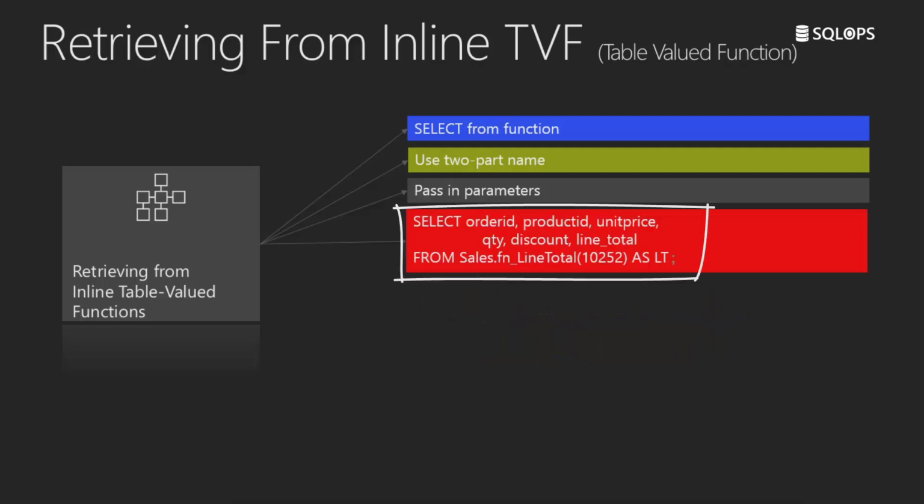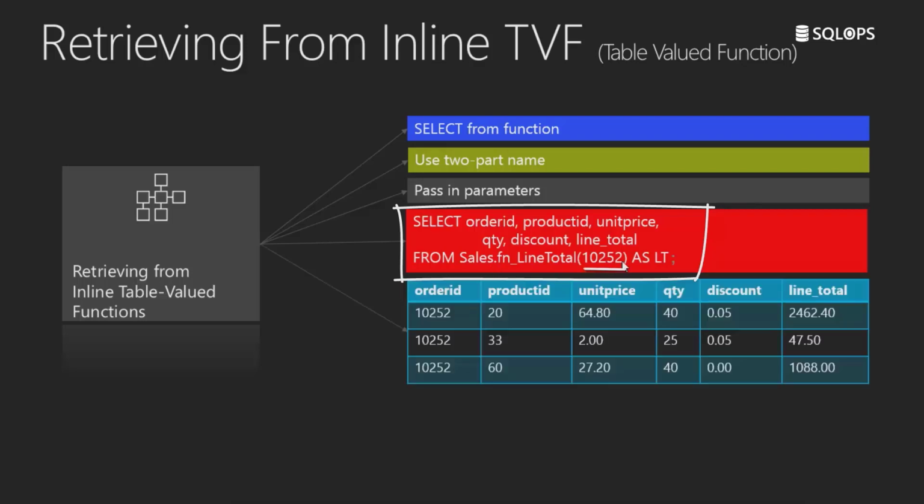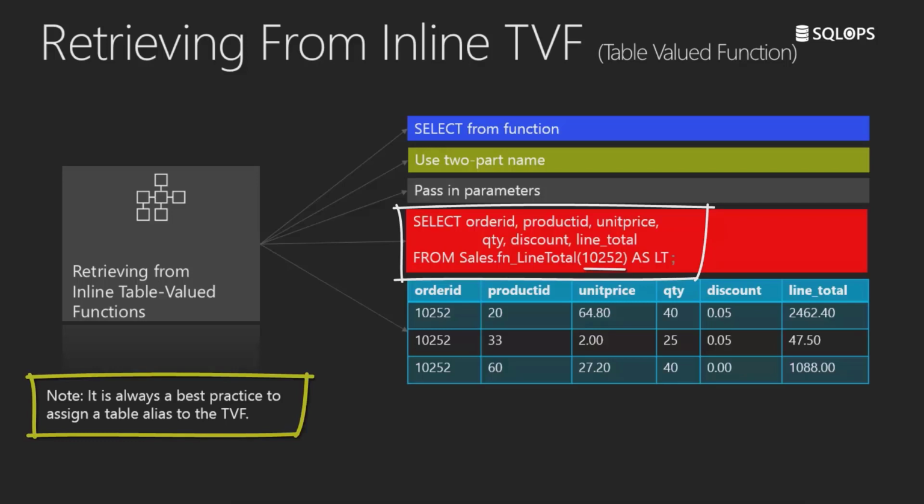For example, the query shown here uses the inline table-valued function, takes 10252 as the order ID, and returns order ID, product ID, unit price, quantity, discount, and line total information for the order ID matching 10252. You can also notice that an alias is being used for the inline table-valued function. It is always a best practice to assign a table alias to the table-valued function.